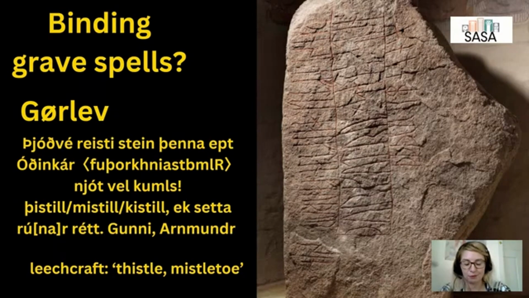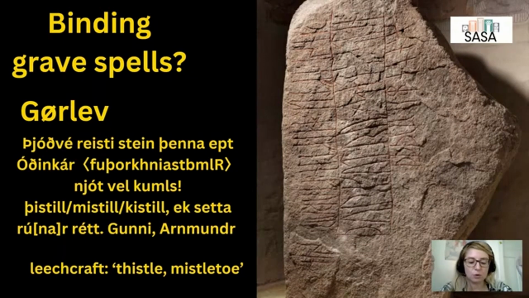And then we have, again, make very good use of this monument. And then we have something interesting as well, the formula thistle, mistletoe, casket, which is a very much used formula in all kinds of Old Norse spells. You're also going to find it quite often on runic sticks. So it was really some kind of string of words, again meant to empower, meant to seal the spell.